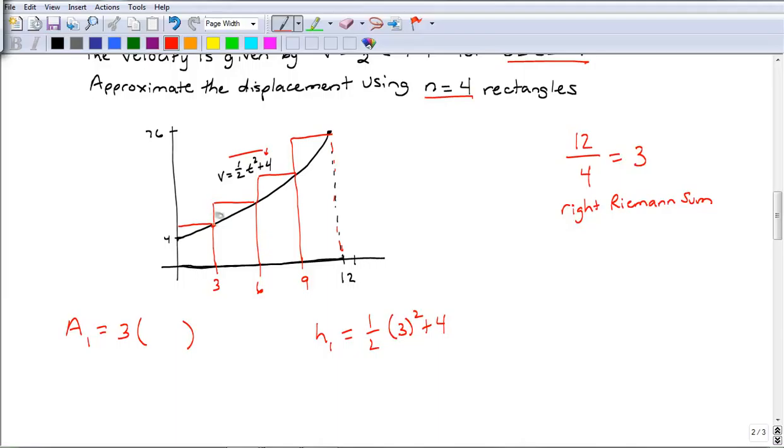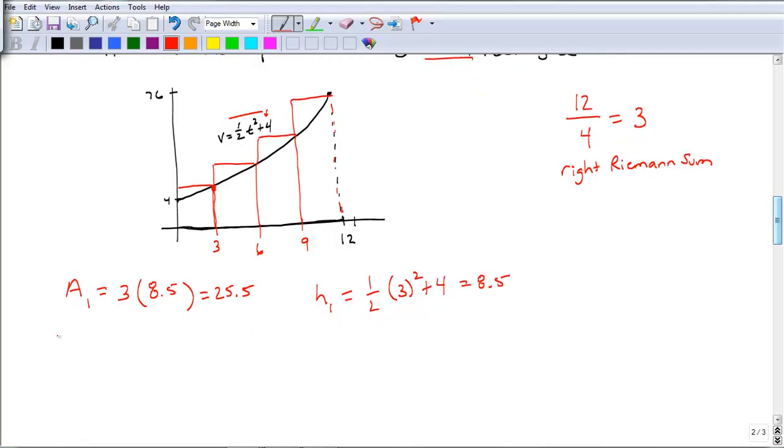Because it's touching the graph there, that's how tall the rectangle is. So I get 1/2 times 3 squared plus 4, and that gives me 8.5. So the height of the first rectangle is 8.5. That's what that thing is. It's 8.5 tall. If I put 8.5 in here, 8.5 times 3 gives me 25.5.